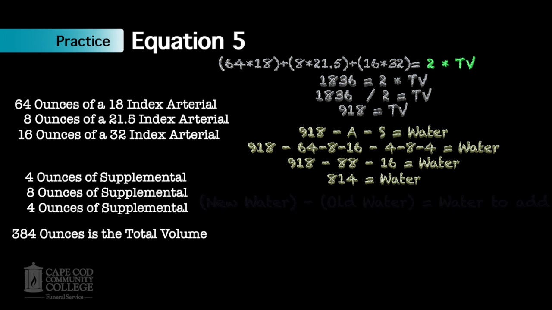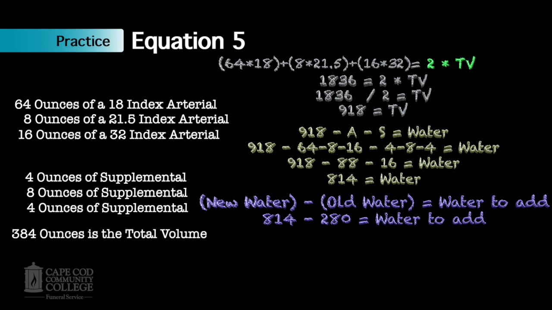To solve for that, we're going to take the new amount of water and subtract it from the old amount of water that we had added to the tank. So 814 ounces taking away the 280 ounces that we already had in the tank with the prior solution.